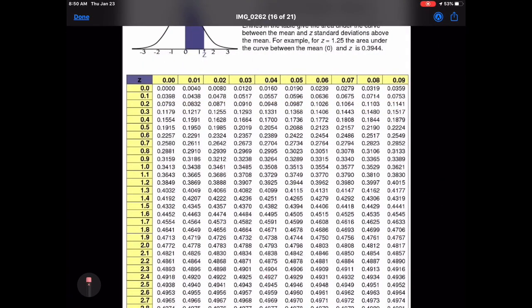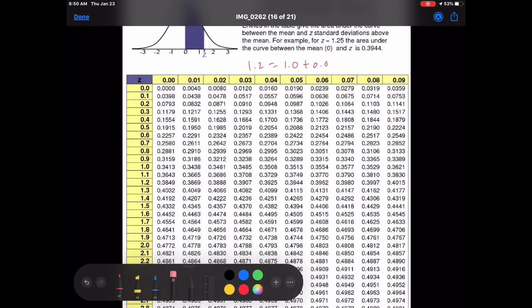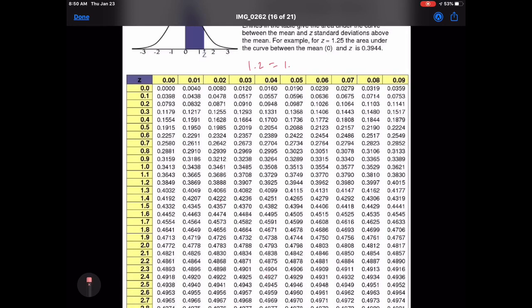In the table, 1.2 plus 0.0. Okay, 1.2 is here, 0.0 is here. So that area is 0.3849.